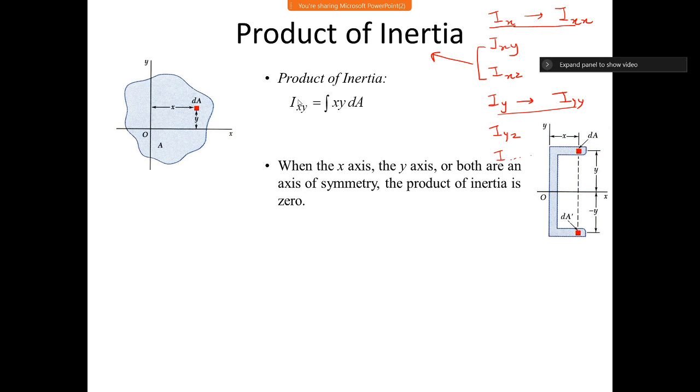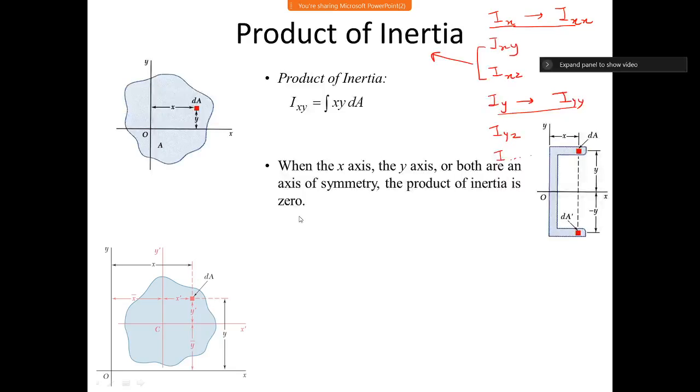If I write the integral of xy dA, you can see that there is a dA here for which I have a positive y, and then there is another same dA for which I have a negative y, and when I do the integration it will cancel off, and therefore for such symmetric objects the product of inertia is going to be 0. So this is a very important understanding, that for symmetric objects this term of product of inertia is going to be 0.